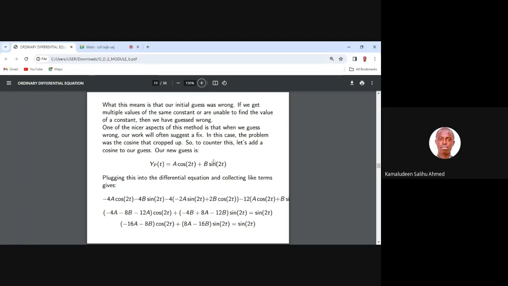So after differentiating it twice, you now substitute it back into the problem given to you. So then you have minus 4a cos 2t minus 4b sine 2t and so on. So it's a long expression.